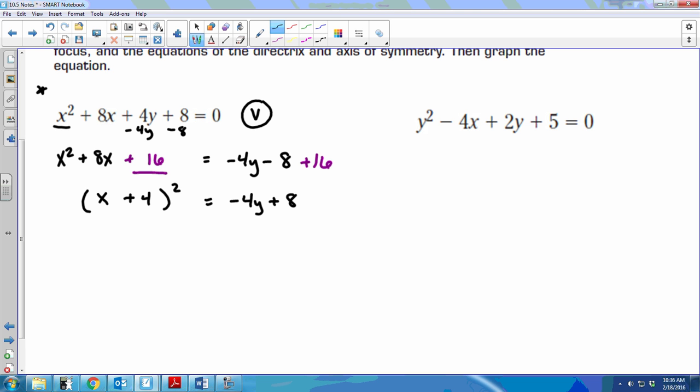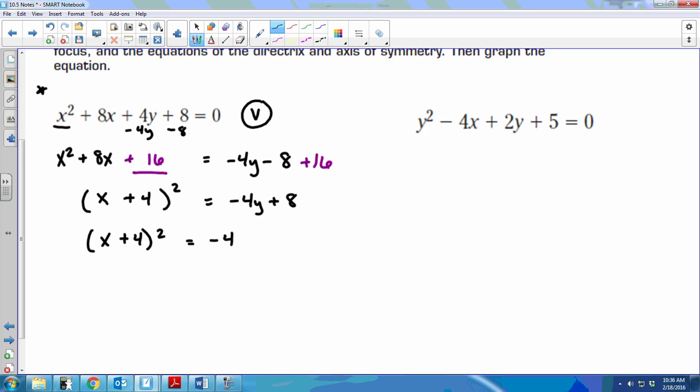Now we're sort of in the boat that we were on the last page, beginning learning target 12, but we need to make sure they're in the right format with 4 times the value p and all that jazz. So we have to factor a little bit more. I need to get y by itself, so I have to factor out the negative 4.